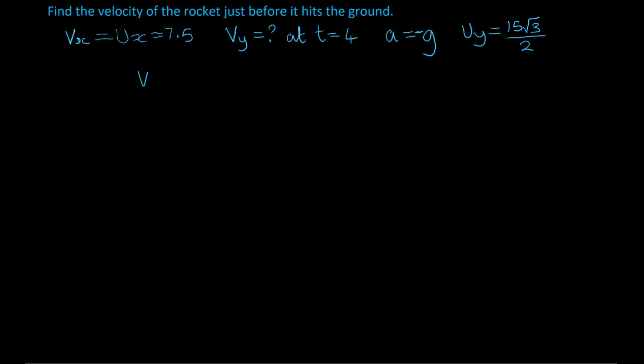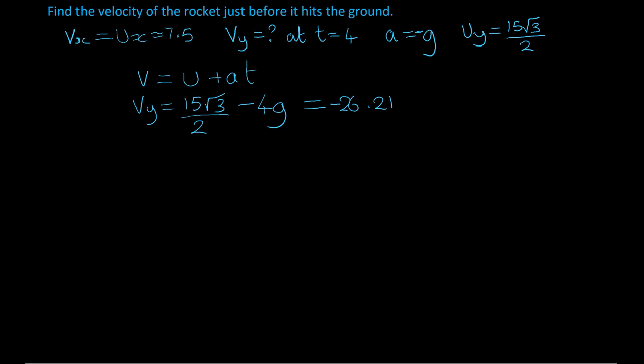Using this SUVAT equation, vy equals 15 times root 3 over 2 minus 4g. With a calculator, that becomes minus 26.21 meters per second.